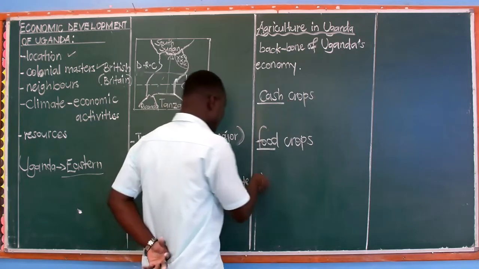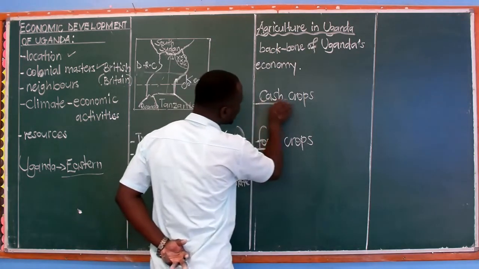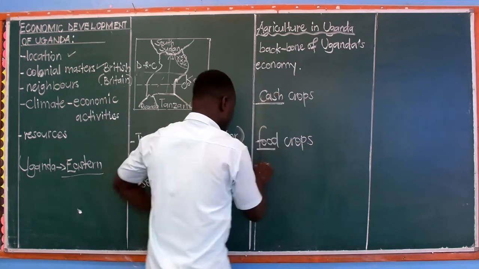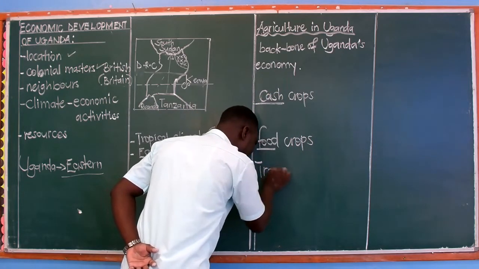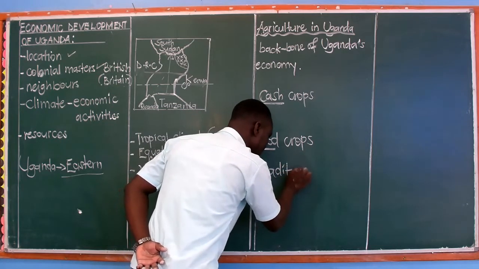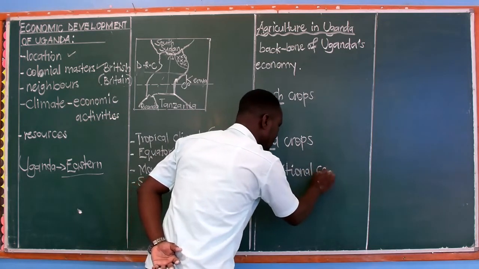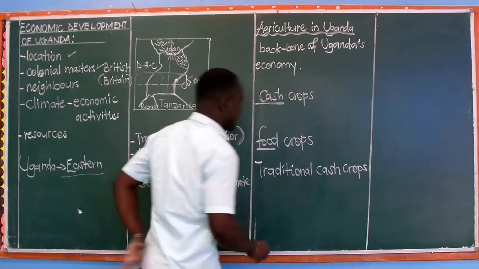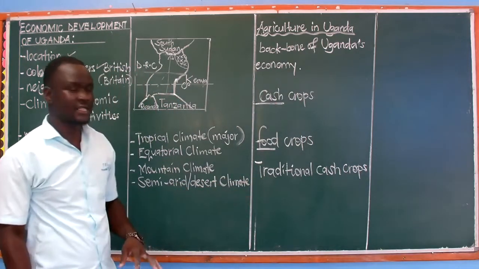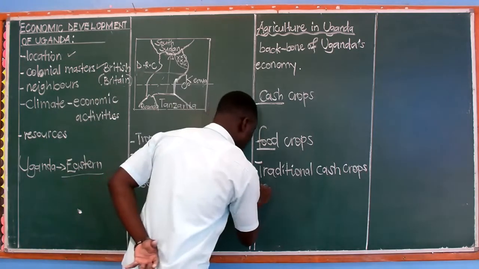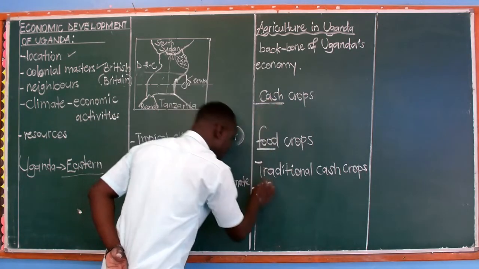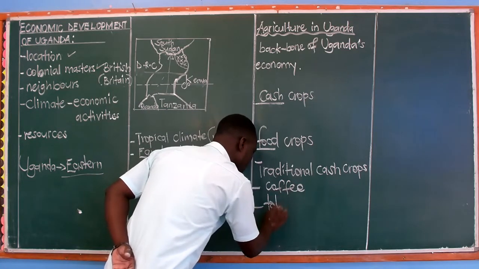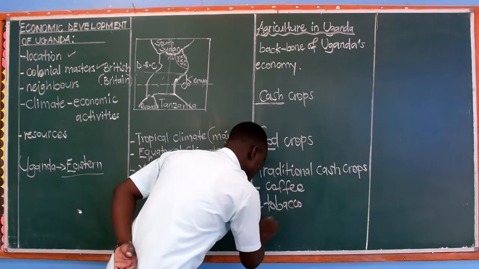So for that case, we have the ones which were originally grown for sale. They are the ones we call traditional cash crops. Like I have given you, they are examples. The ones which were originally grown for sale: coffee, tobacco, sisal.